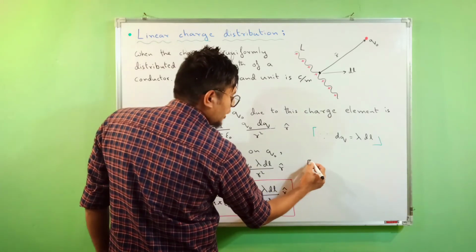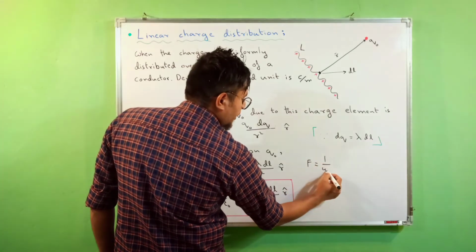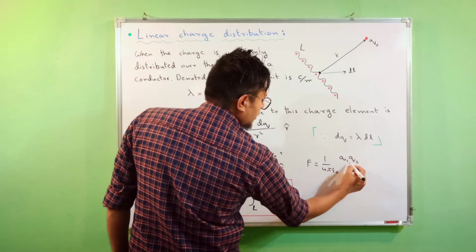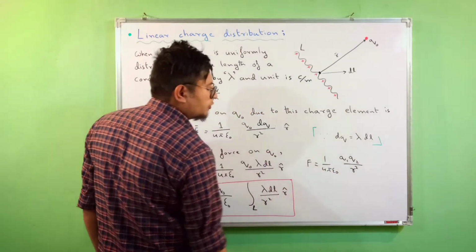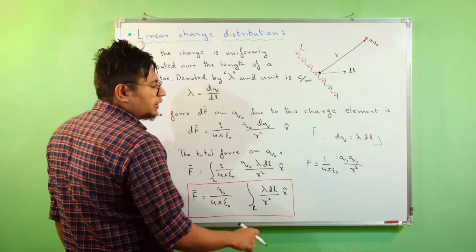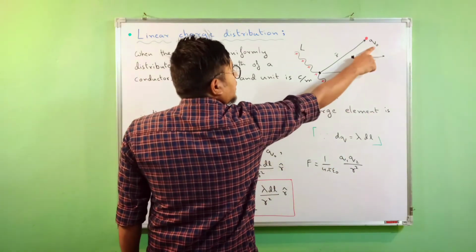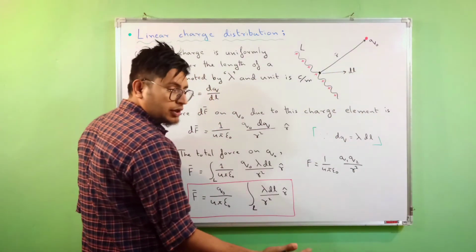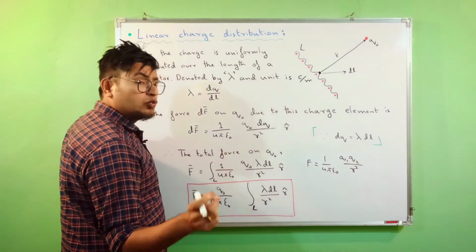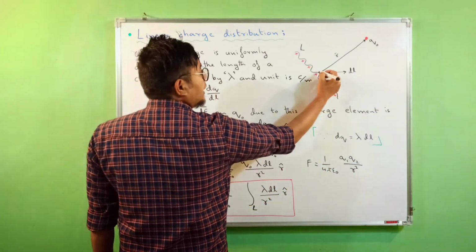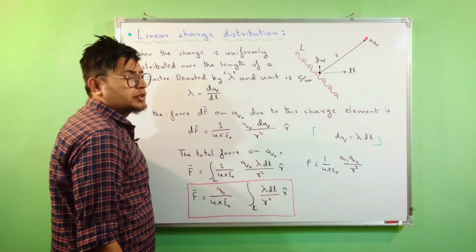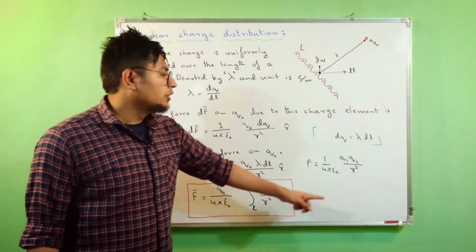Where you wrote F is equal to 1 by 4 pi epsilon naught Q1 Q2 divided by r square. This is what we wrote in the case of Coulomb's law. Now in this case, Q1 is the test charge, Q naught, which you can consider as one charge, and then Q2 out here is this small element of charge dq, which is acting like Q2.